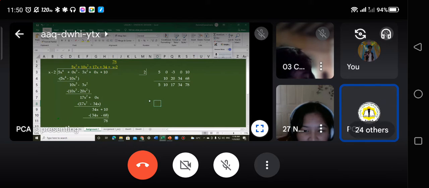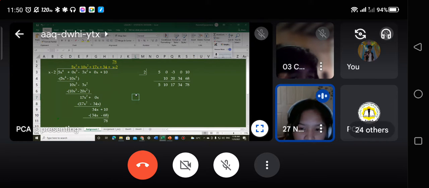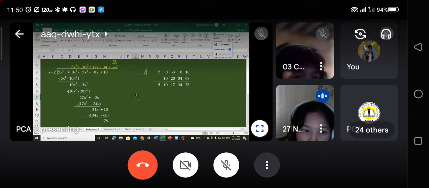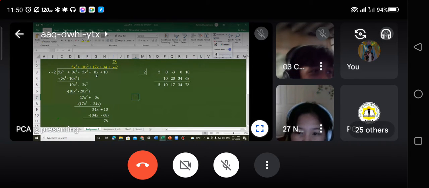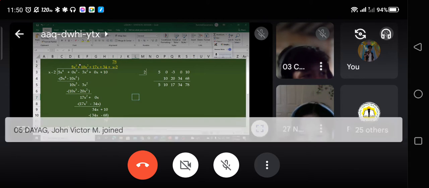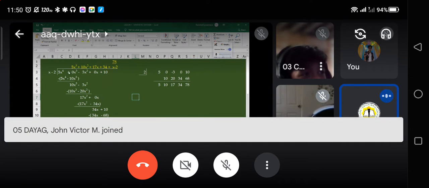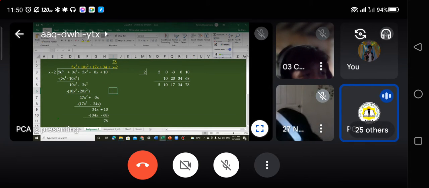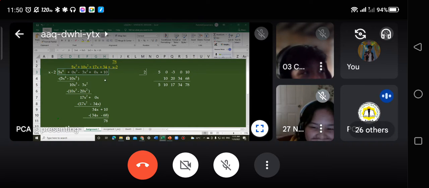Sige, Aliyah. So yung first step po is yung divisor po na x, idi-divide mo po siya sa 5x4. And then yung sagot po nun, ilalagay mo sa taas, which is yung 5x cube po. Very good. That's the first step, no? By the way, which one is given? This one is the dividend, and the divisor is given.